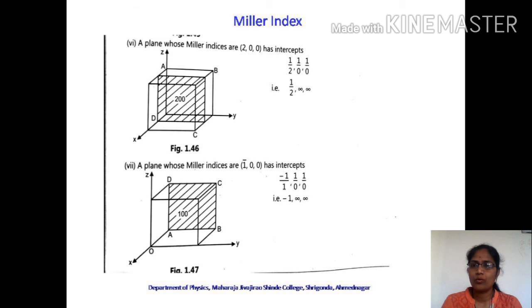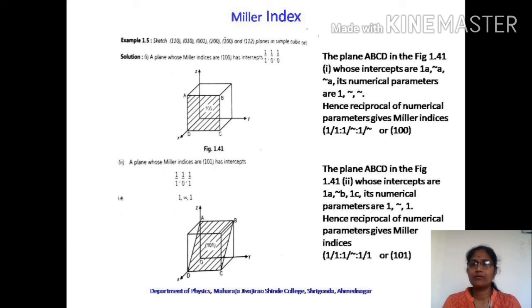Again we take the reciprocal, that is -1 upon 1 along the x-axis, 1 upon 0 for the y-axis, and 1 upon 0 for the z-axis. It will give us the values of the intercepts along x, y, z as -1, infinity, and infinity. It means that we have to show a plane which will intersect the negative x-axis at 1a, and it will not intersect any y or z axis. So the plane shown in figure 1.45 with A, B, C, D dark represents our plane bar 1, 0, 0.